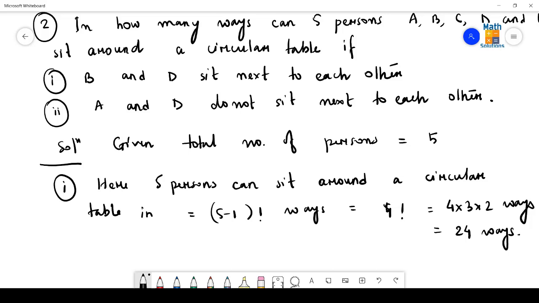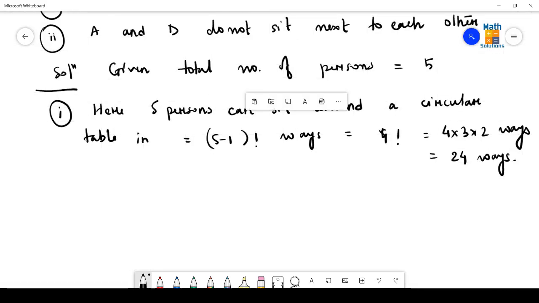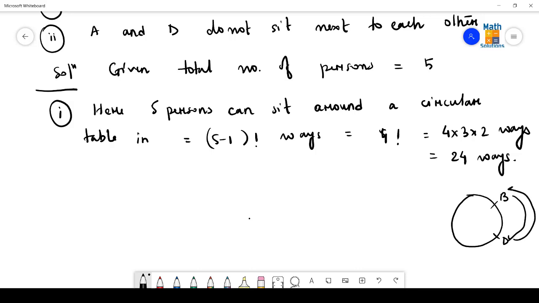Again, in how many ways can B and D sit next to each other? Suppose in this circular manner, this is the position of B, this is the position of D initially. In how many ways can they sit next to each other? Either B can be towards the left of D or right of D. So there are only two possible ways of this arrangement.